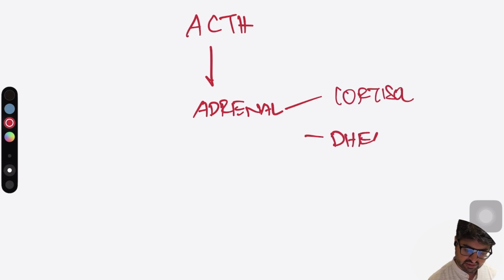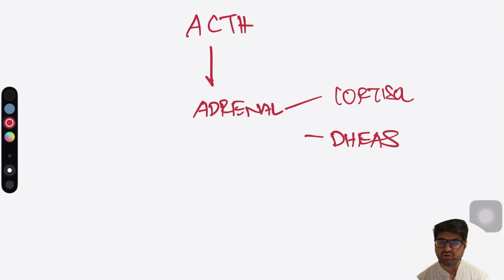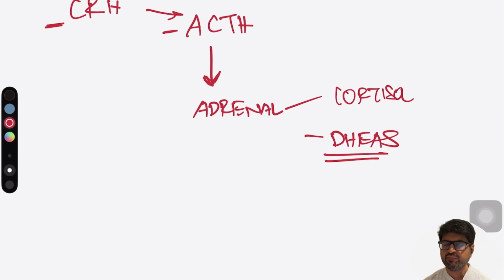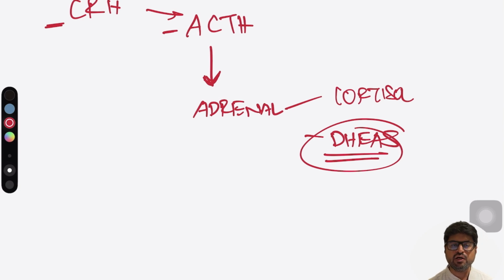This is essential to understand. When you're giving steroids from outside, it is tertiary adrenal insufficiency, basically CRH and ACTH. So we are seeing the recovery of CRH and ACTH, and to see that recovery we are using DHEAS as a surrogate marker. That's what I'm trying to illustrate.